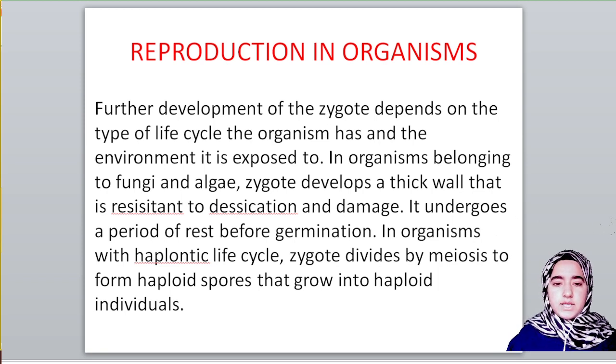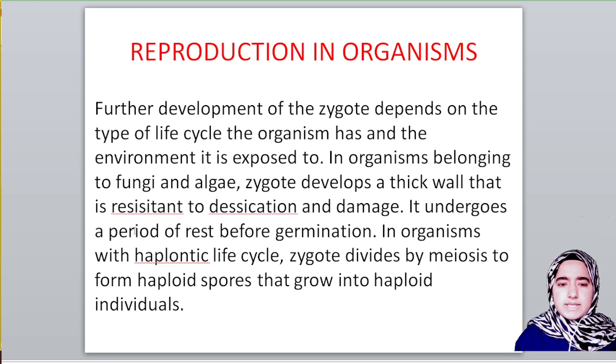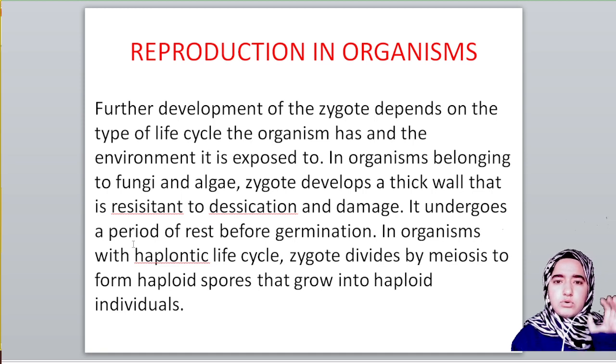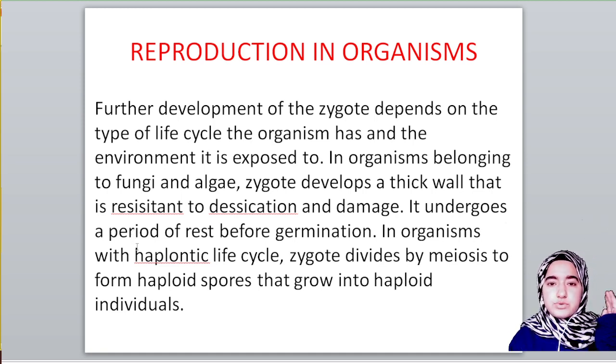You will see in some organisms, for example fungi and algae, the zygote develops a thick wall, a kind of covering outside. Why does it have that covering? In order to protect itself.